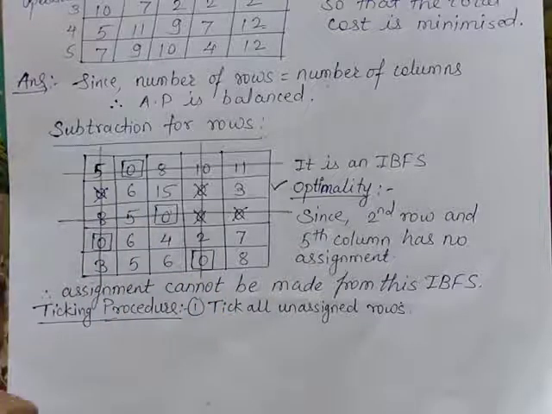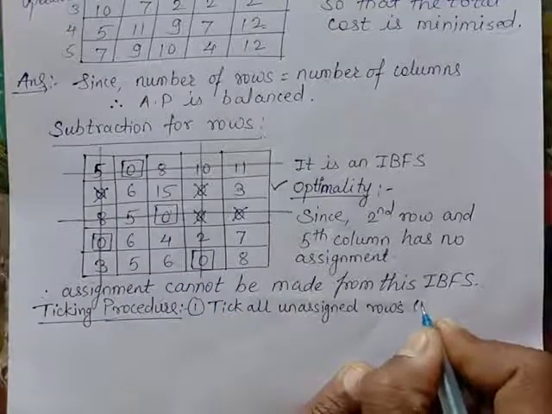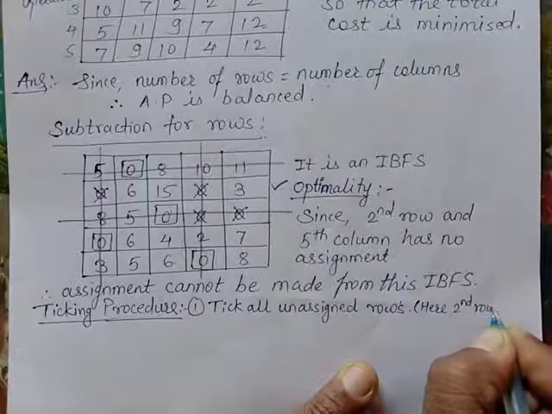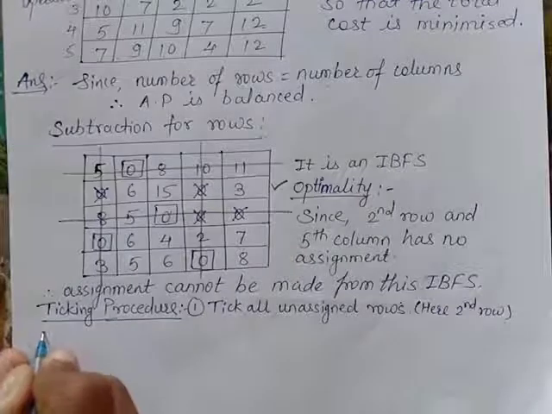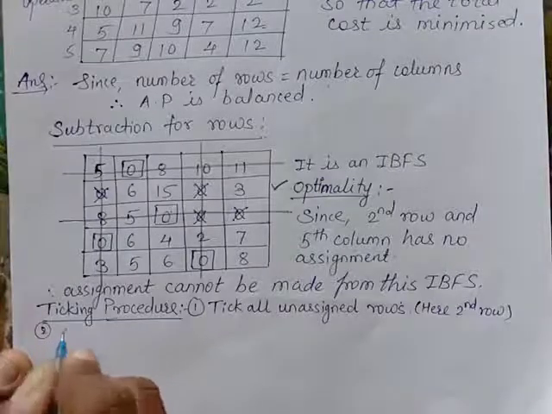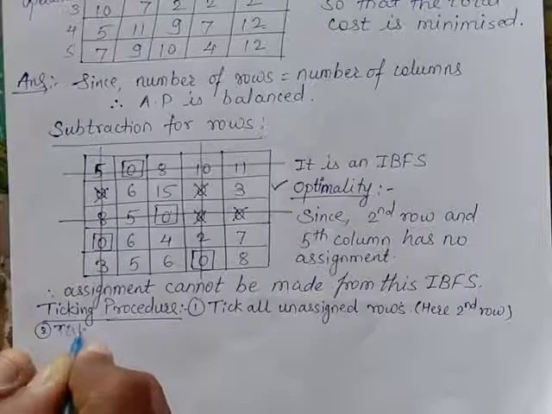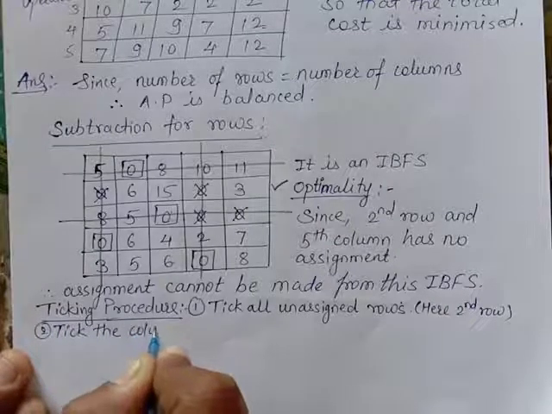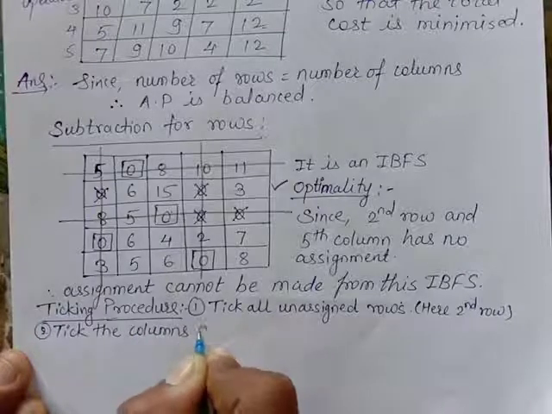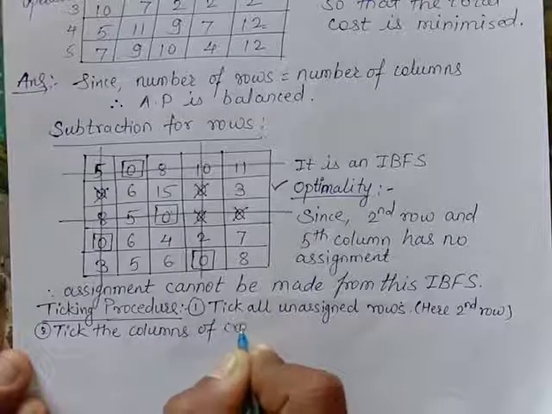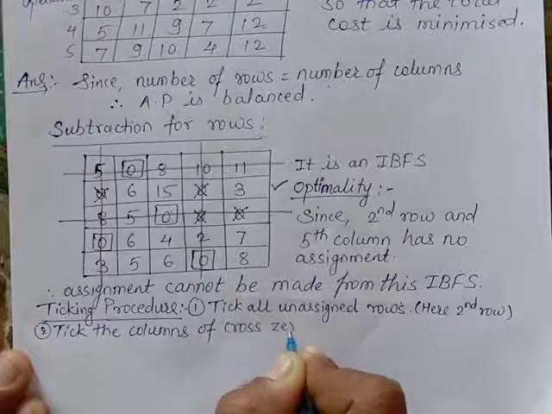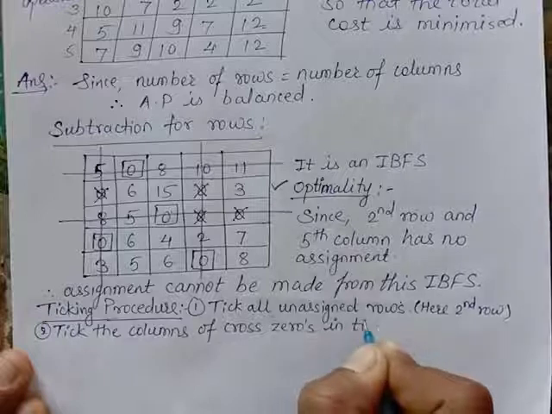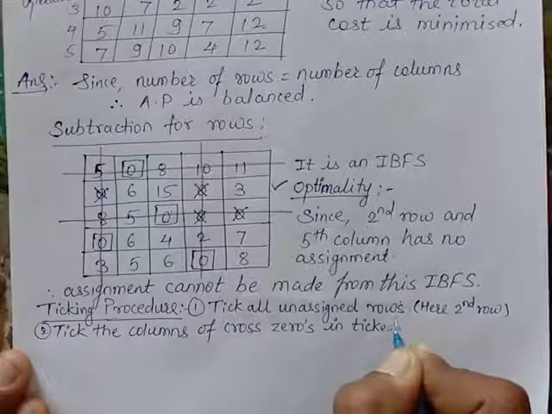Fine. Now for your understanding, let me tell you the second step. The second step says tick the column of cross zeros in the ticked row.